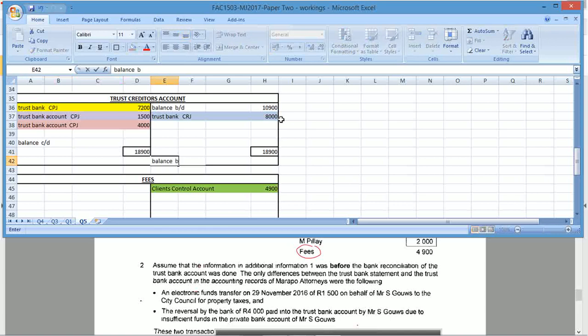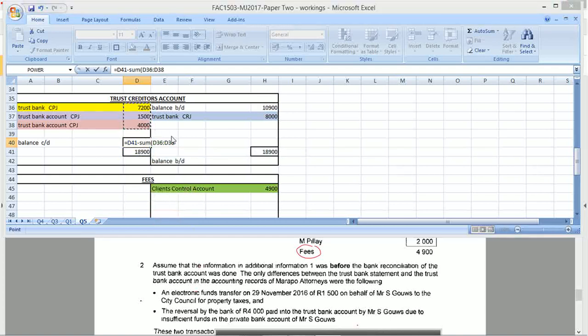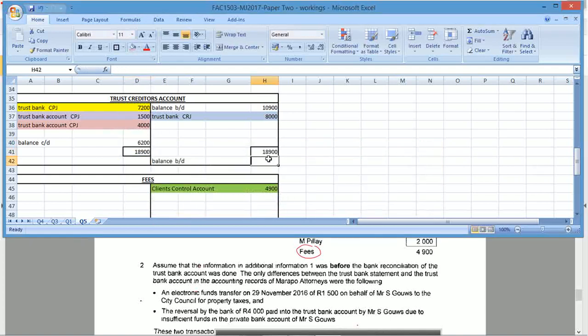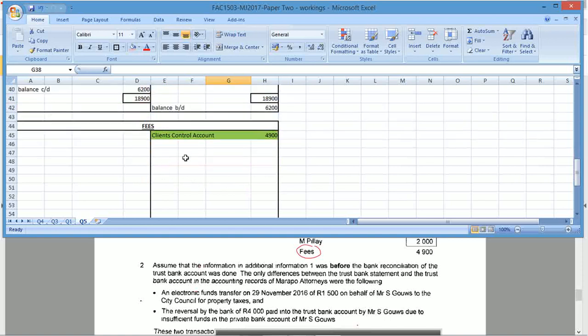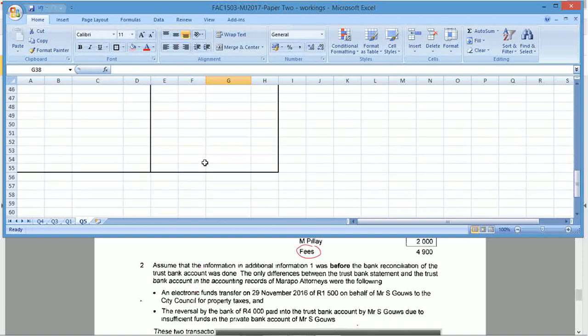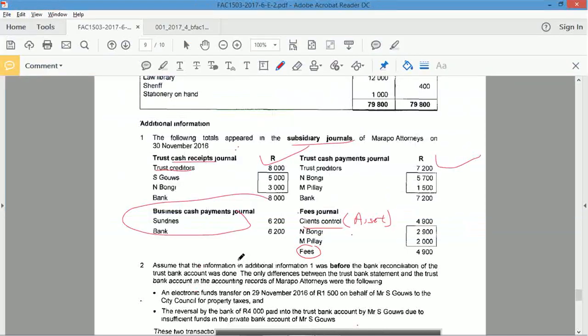Balance brought down equals this minus the sum of those amounts gives me that answer. Okay, got that. Right, the fees journal, there was nothing to balance here. So we would just leave it as is, and that's it.